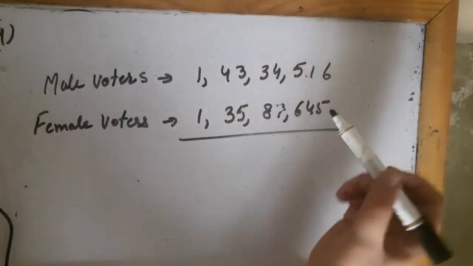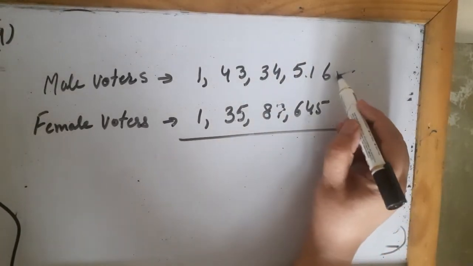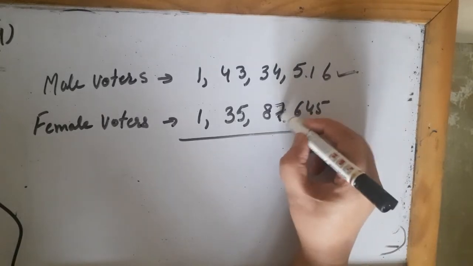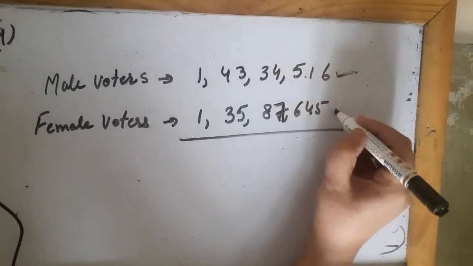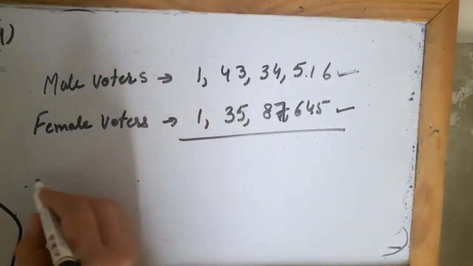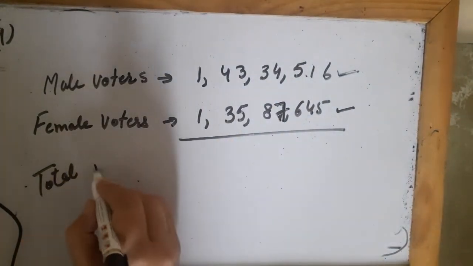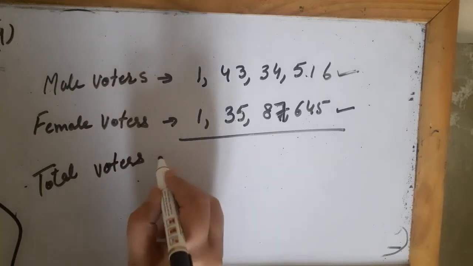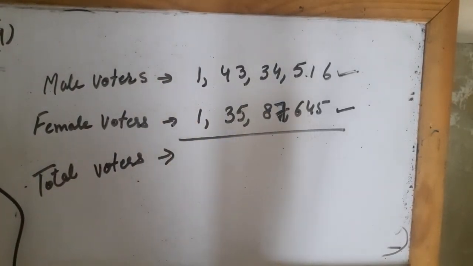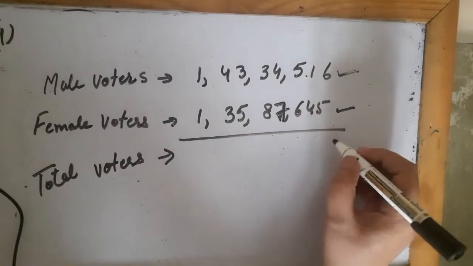So they have said that these many are male voters and these many are female voters. So first of all I will find out how many total voters there were. So adding both males and females, how many total voters are there. So what I will do, I will add them up.